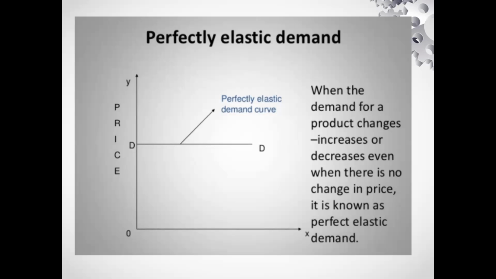That is, when a slight change in price causes a great change in quantity demanded, and the value of elasticity of demand tends to be infinity, it is called perfect elasticity of demand.